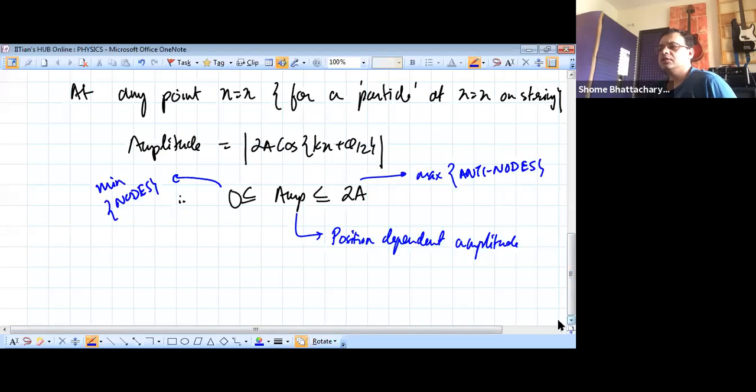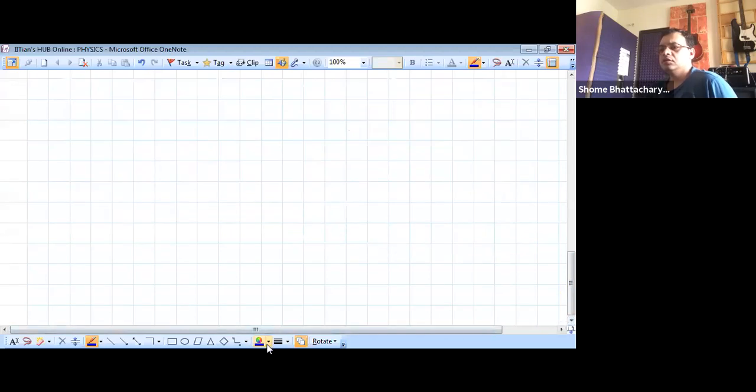We also saw that if you superimpose the snapshot pictures as the wave evolves with time, the snapshot pictures evolve in this way.